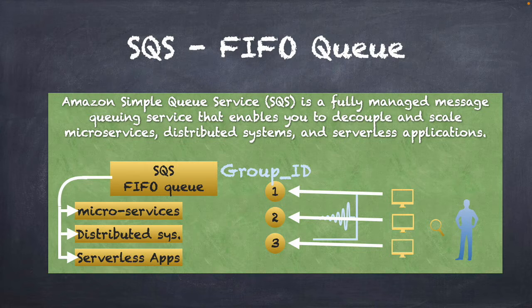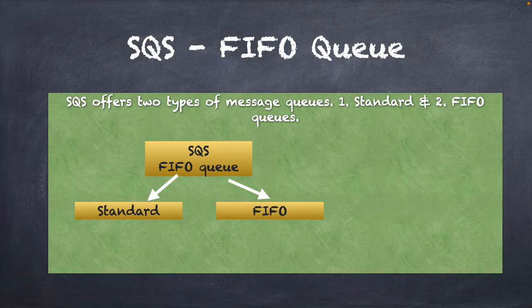Amazon Simple Queue Service (SQS) is a fully managed message queuing service that enables you to decouple and scale microservices, distributed systems, and serverless applications. SQS offers two types of message queue.